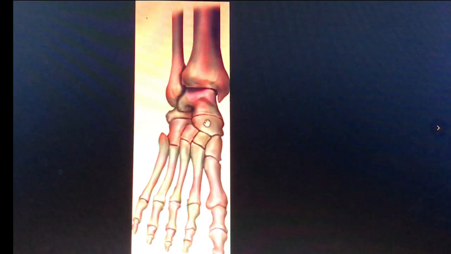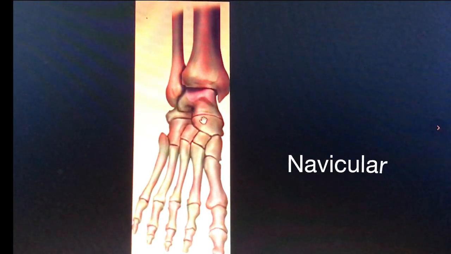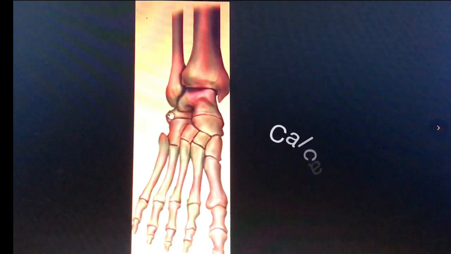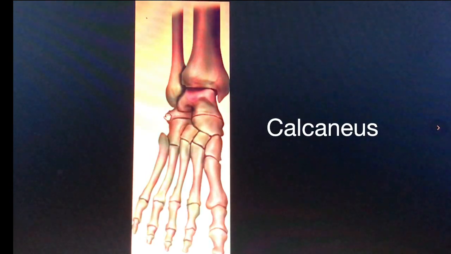So when you descend downwards, we have the navicular bone. This is the navicular bone. So the talus is this whole bone here, and the talus articulates with the tibia proximally and articulates with the navicular distally. Okay, now there is a bone here, this particular bone, that particular bone is the calcaneus.